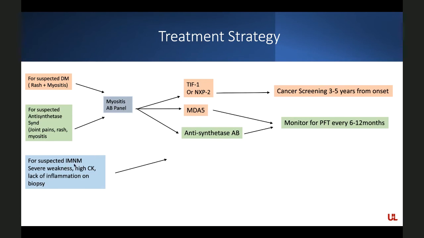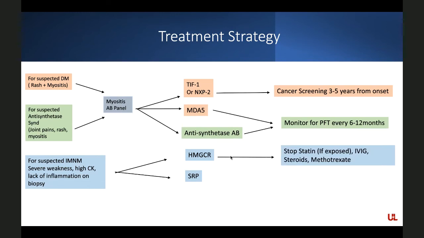Coming down to necrotizing myopathy, we see severe weakness, extremely high CK, and lack of inflammation on biopsy. That is the clue for this particular myopathy type. And then we do order HMG-CR, and if it's positive, or if we have SRP antibody positive, either or, I think it's very important to have them on aggressive immunotherapy.